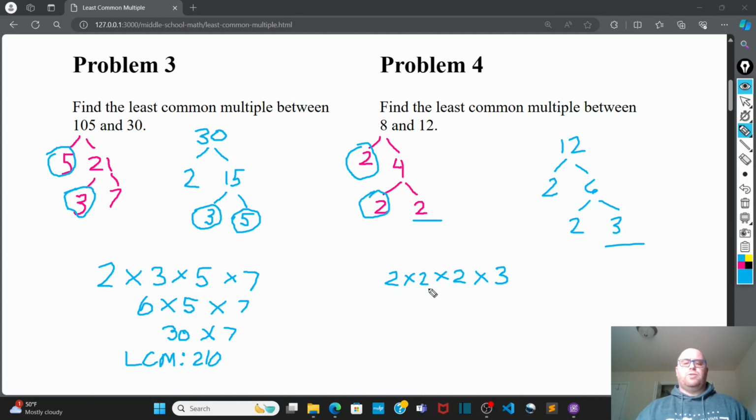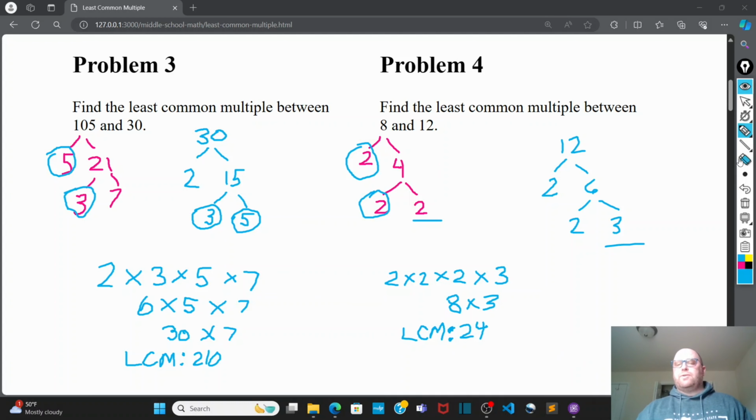We've already seen that 2 times 2 times 2, 2 times 2 is 4, times 2 is 8. So let's just move us along. This is 8 times 3, which is 24. So our least common multiple here is 24.